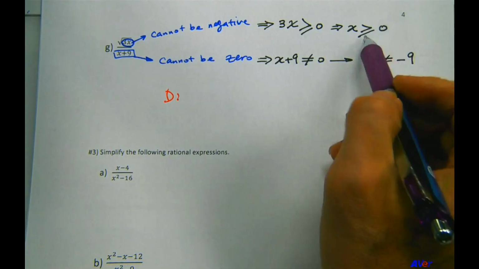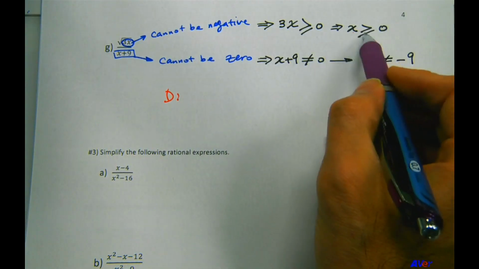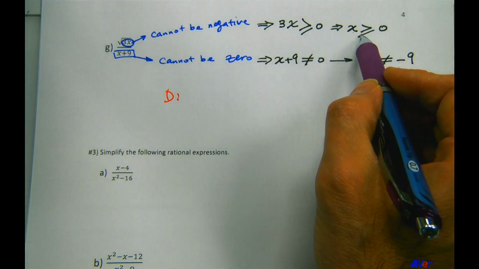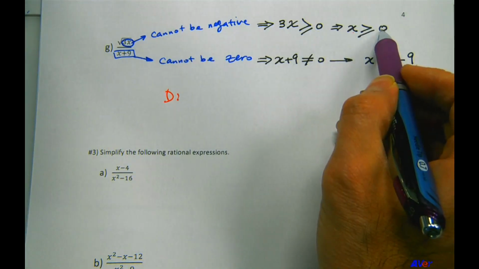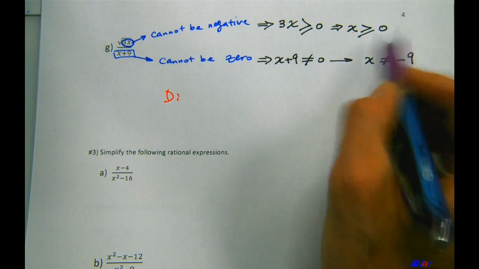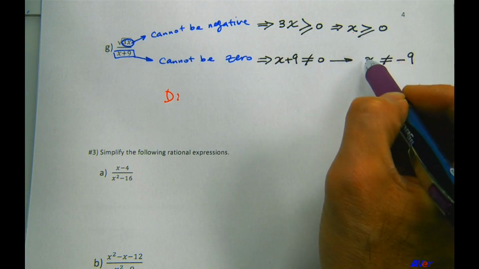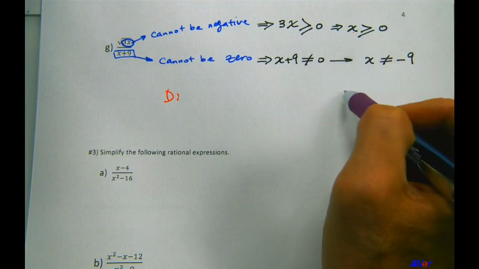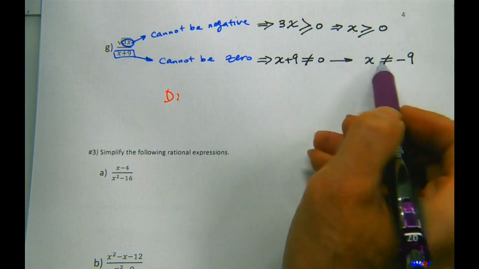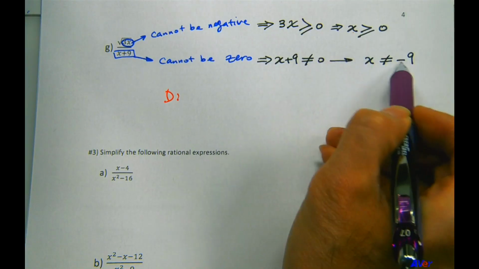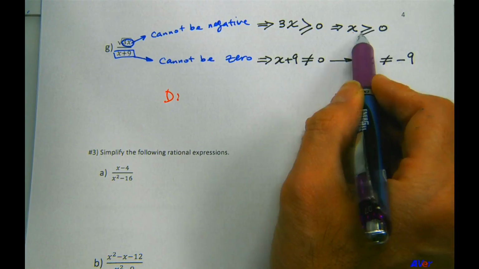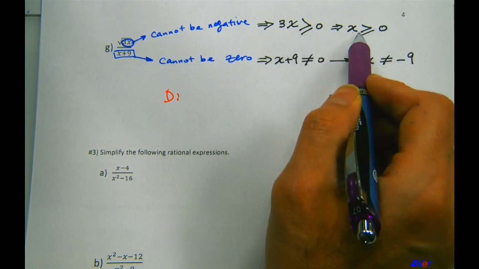This one says no, only those values of x are acceptable that are equal to 0 or greater than 0. Which one of these is more restrictive? The second one is the more restrictive one. The first says everything is acceptable except -9. This one says no, the first half of the real number line is excluded.